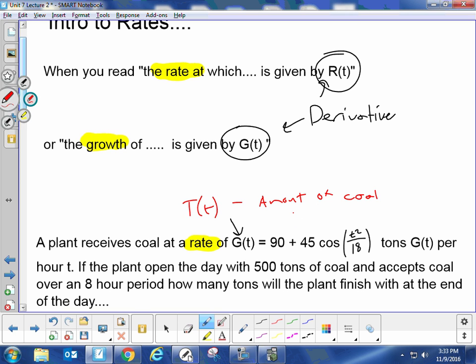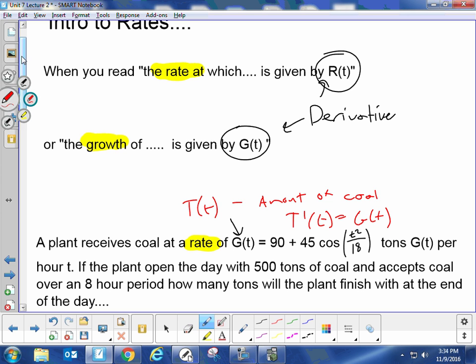T prime would be the change in the amount of coal. T prime in this situation would be G. They don't use a little tick mark, but since they tell you it's a rate, you think, oh, that's the change in a total.